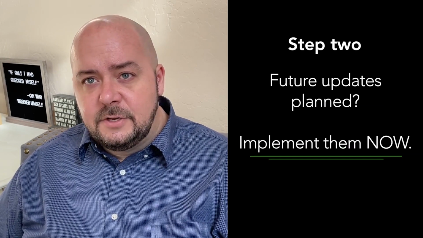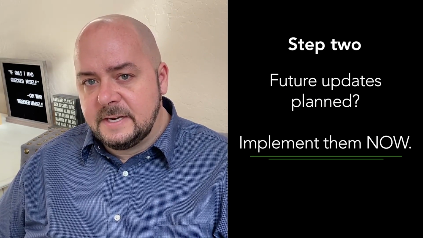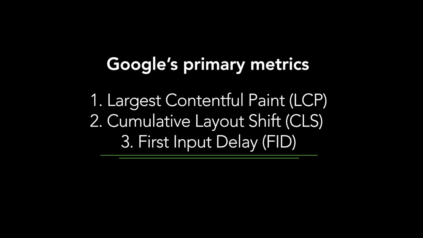Second, if you do have any page speed or layout shift improvements that have been slated for a later date, now is an excellent time to address those. Again, there are three primary metrics Google is looking at: the largest contentful paint, cumulative layout shift, and first input delay.